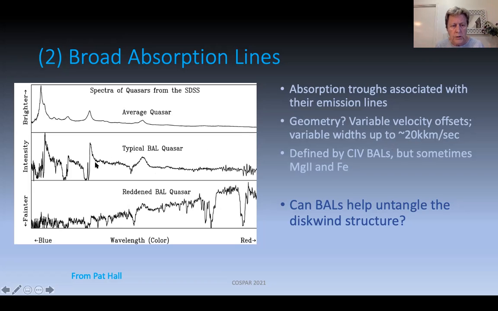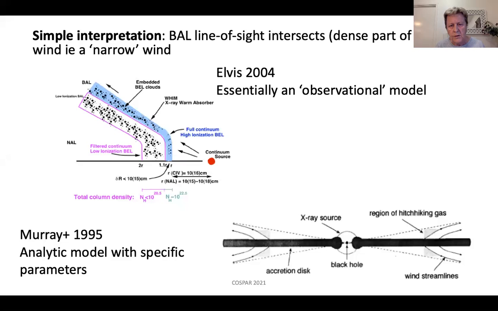In all cases, we see the high ionization lines, so that's carbon-4 and silicon-4, but sometimes we also see broad absorption troughs from lower ionization lines, such as magnesium-2 and iron, but in those much rarer events. And so the question is, can we use these to untangle geometry?